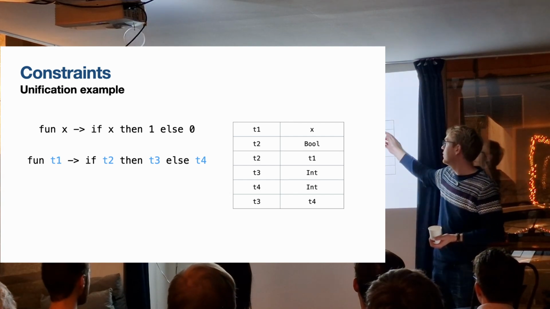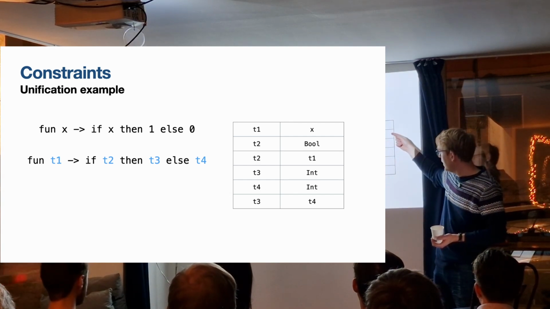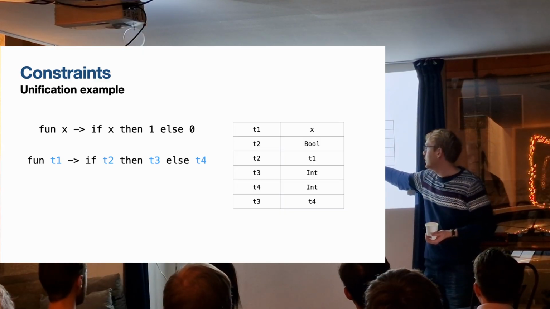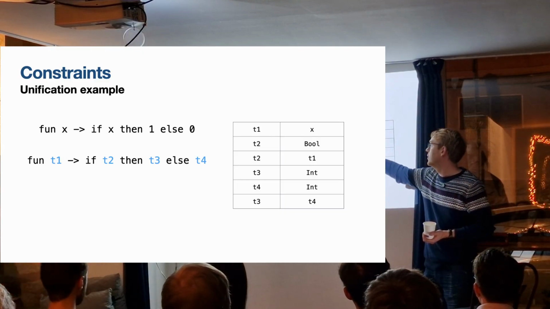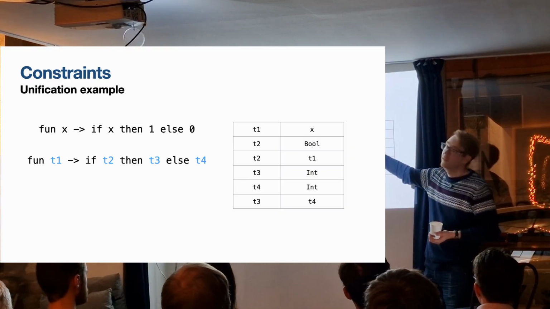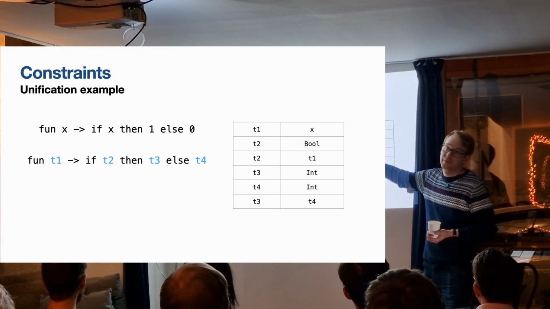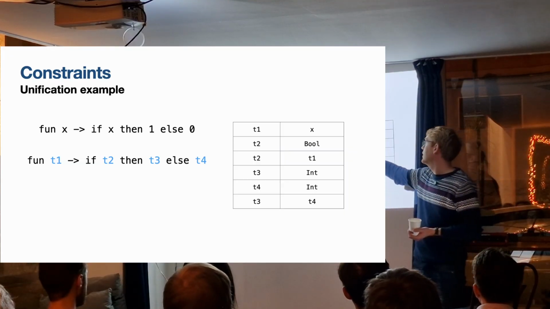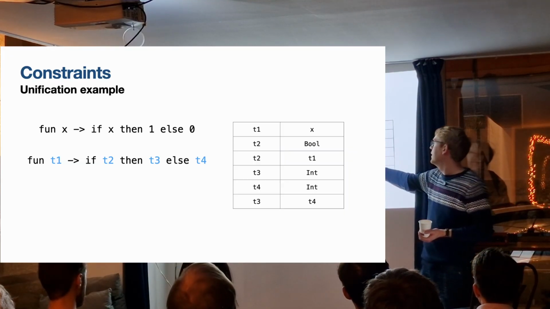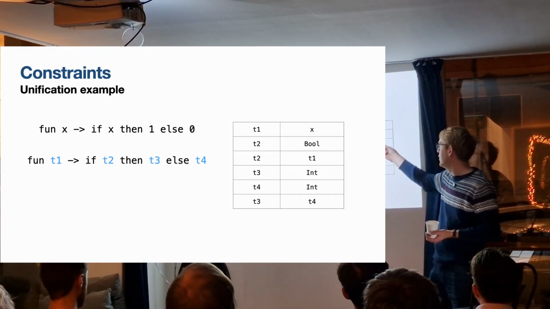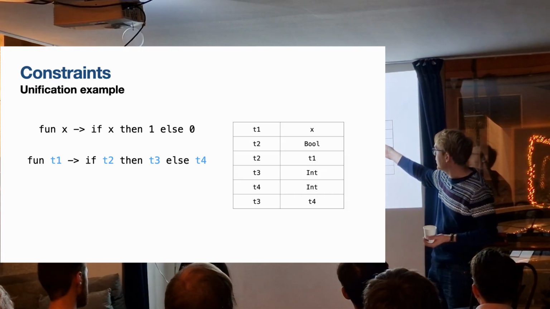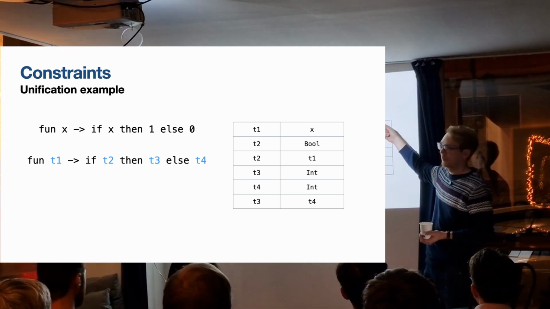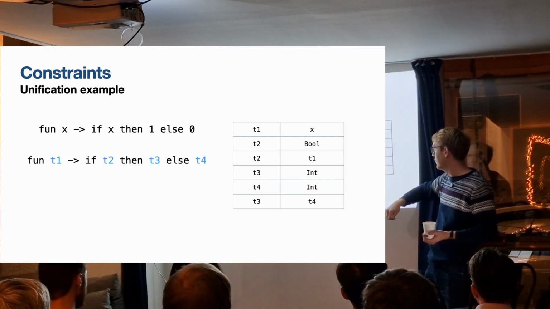But okay, so we have this system of constraints, and we can see that this seems to kind of work out. I mean, the critical parts are when a single variable is assigned to multiple different things. So we can see that T2 is a bool, and then T2 should be the same as T1, and T1 should be the same as X, but we haven't actually said that X must be of any other type, so that's fine.